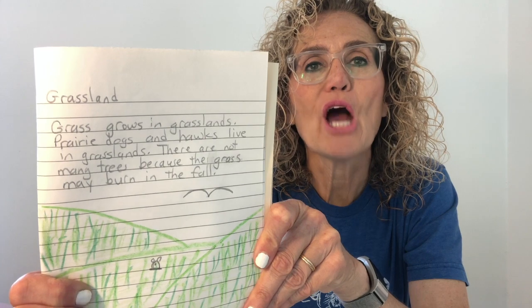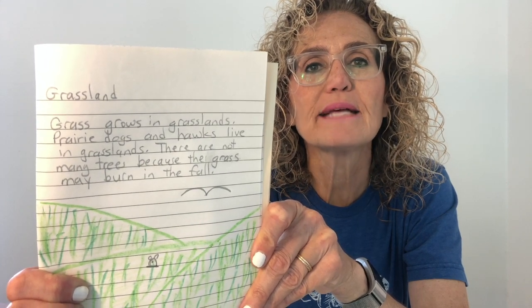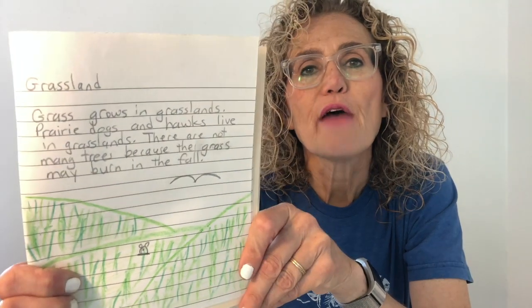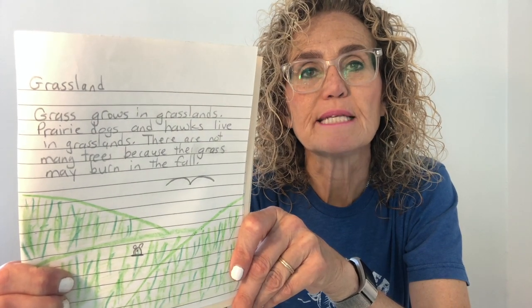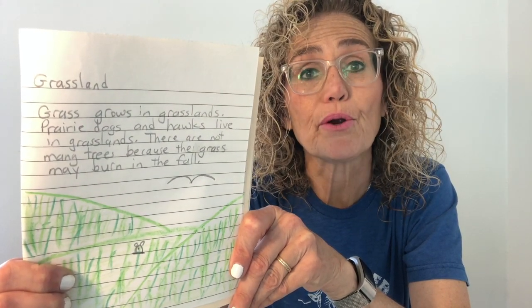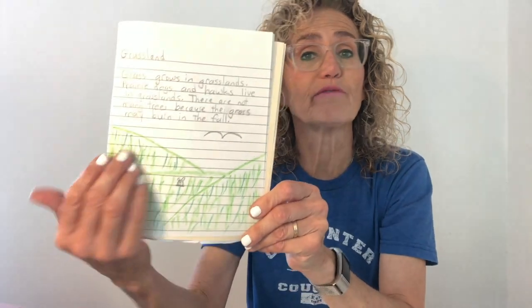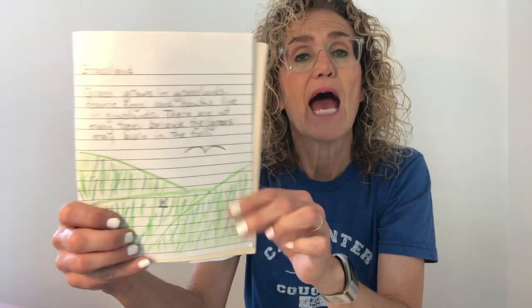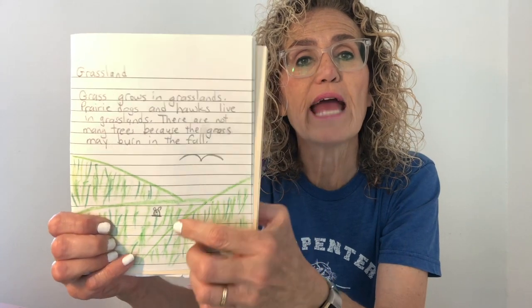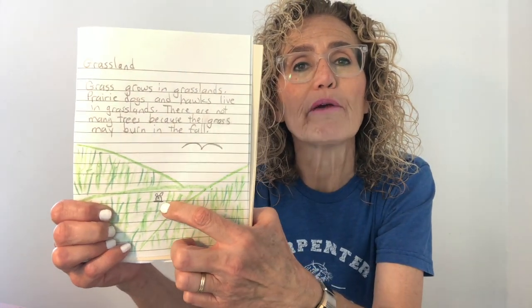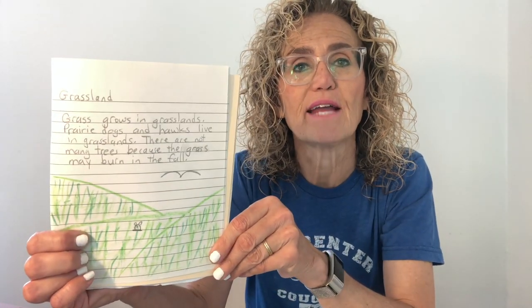Prairie dogs and hawks live in grasslands. There are not many trees because the grass may burn in the fall. And so I drew a picture of lots of grass. I have a hawk flying and I have a tiny little prairie dog coming out of a tunnel.